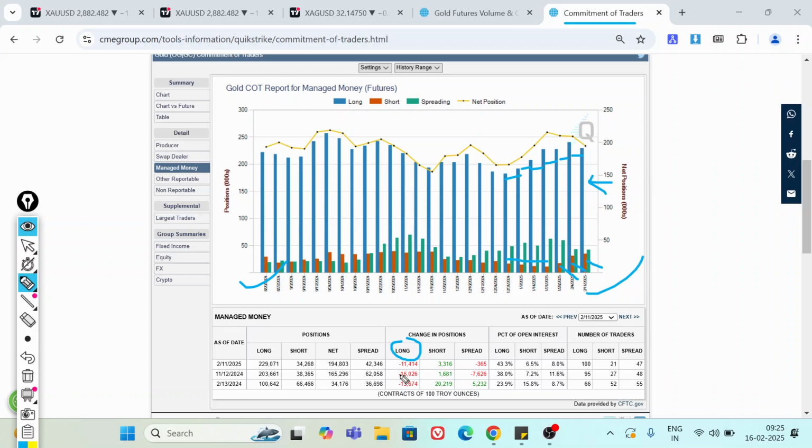So from this COT report we can say that we can expect some correction or consolidation as per this latest data. As per the COT for this particular report, the sentiment is currently to the downside, so we have to act accordingly.